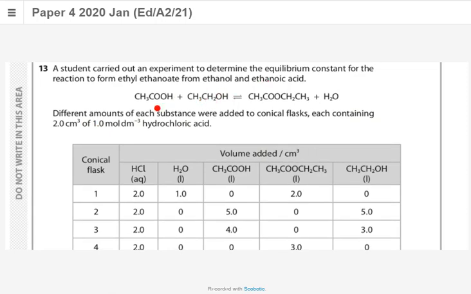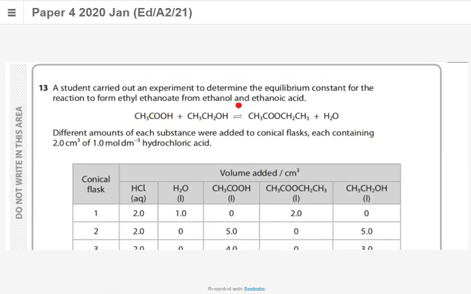Because this is an esterification reaction, and esterification requires a catalyst, right? It's a catalyzed reaction. Usually we use sulfuric acid as a catalyst, but here hydrochloric acid is given.